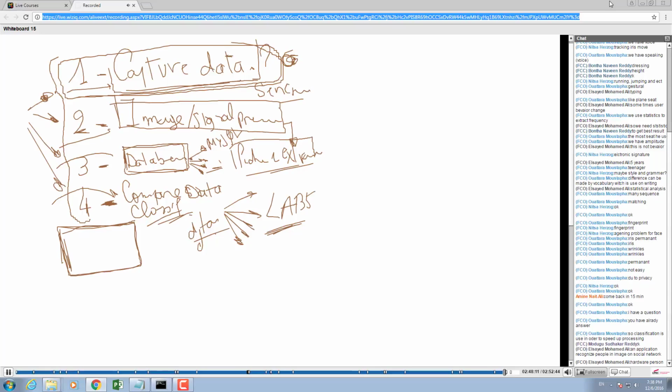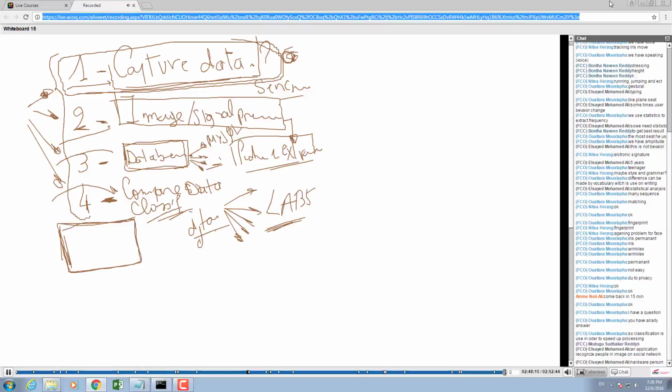Okay. So it's not really very complicated because, as I said, you have 1, 2, 3, and 4. Okay, and in each phase, you need to know something. Okay, do you have questions? Do you agree that if you master all these parts, you will be able to develop a useful application?